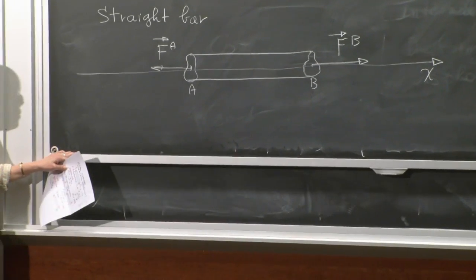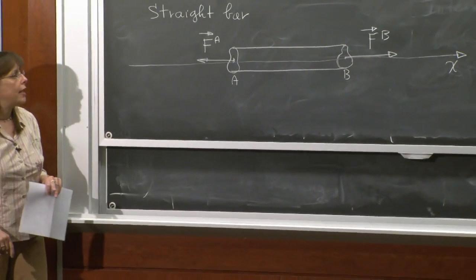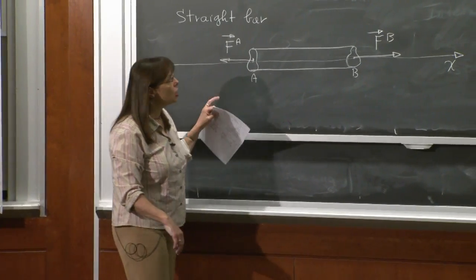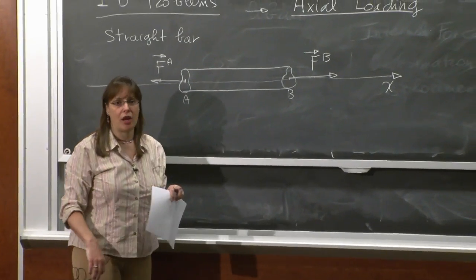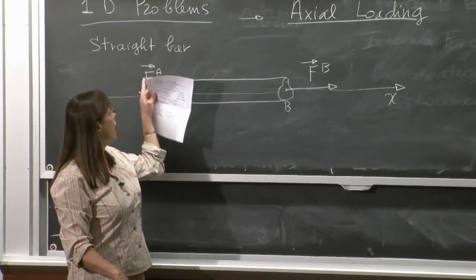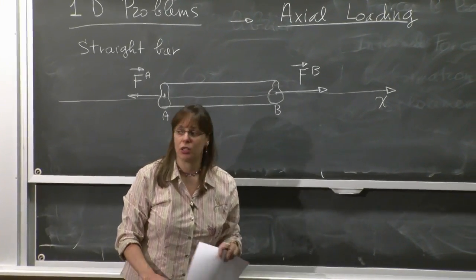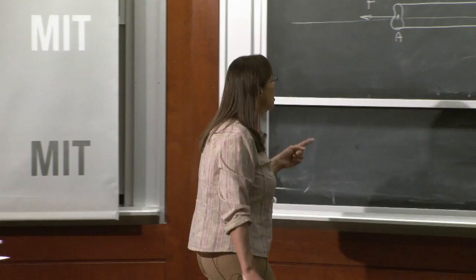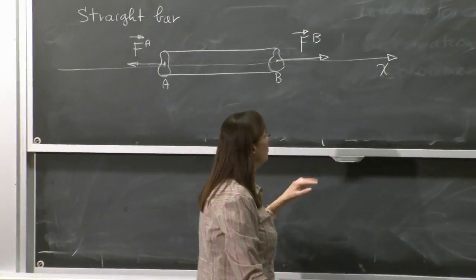OK, so because everything is in 1D, then the description of the forces is also very simple. Because essentially, your forces, although they are vectorial quantities, you see we put the arrow on top to remember forces are vectors, they only have one component, which is the x Cartesian component.